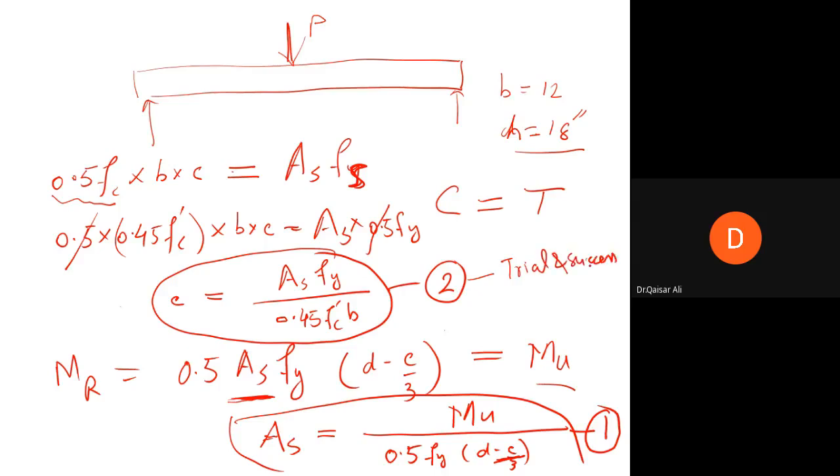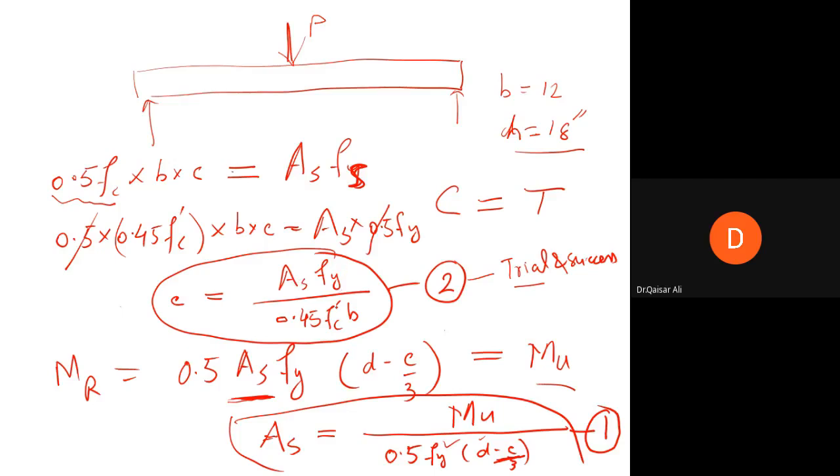When you have two variables and you can express one in terms of the other, you can express this because everything else is known to us in this equation. Mu is coming from the bending moment diagram, Fy is known, D is known, C is not known. C we will assume, and then once AS is calculated based on this assumed C, we will substitute that AS in the other equation number 2.